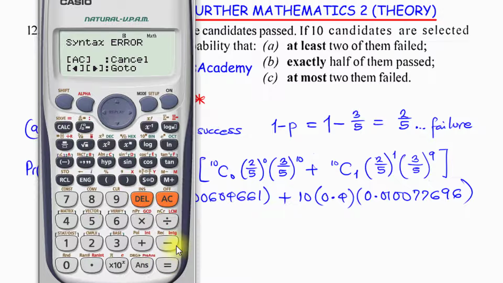Close the bracket. So this is supposed to be 60. So you can solve that.